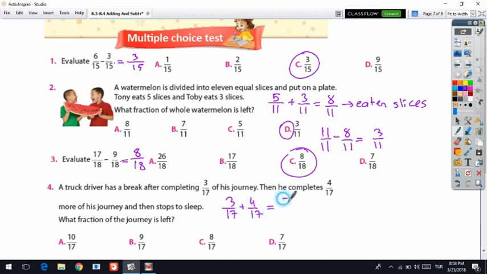Okay, let's add them. 7 over 17. So what is the total amount for the completing? 7 over 17. What fraction of his journey is left? So in the beginning of the question, we had 17 over 17, it's a whole part, minus 7 over 17 is equal to 10 over 17. The answer could be A.